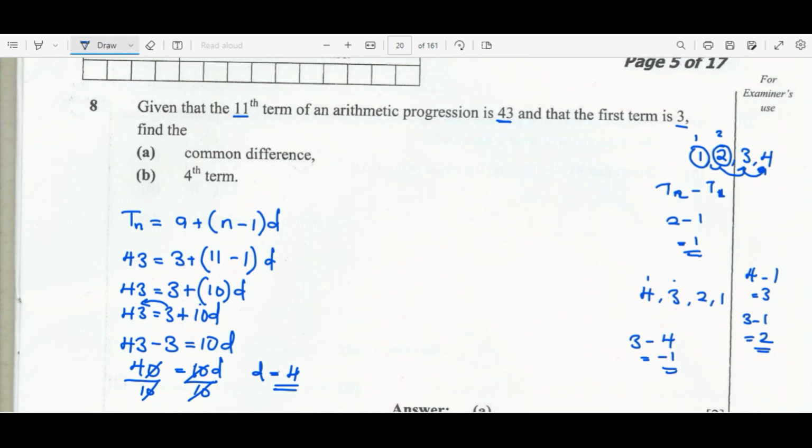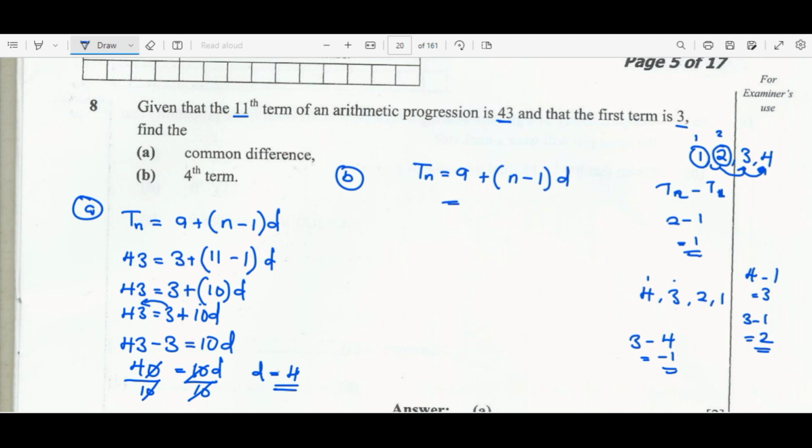Now let us look at the other one, which is the fourth term. So how do we find the fourth term? We're going to apply the same formula for part B. We're looking at the fourth term here. So we would say the nth term is equal to a plus open bracket n minus 1 close bracket d.